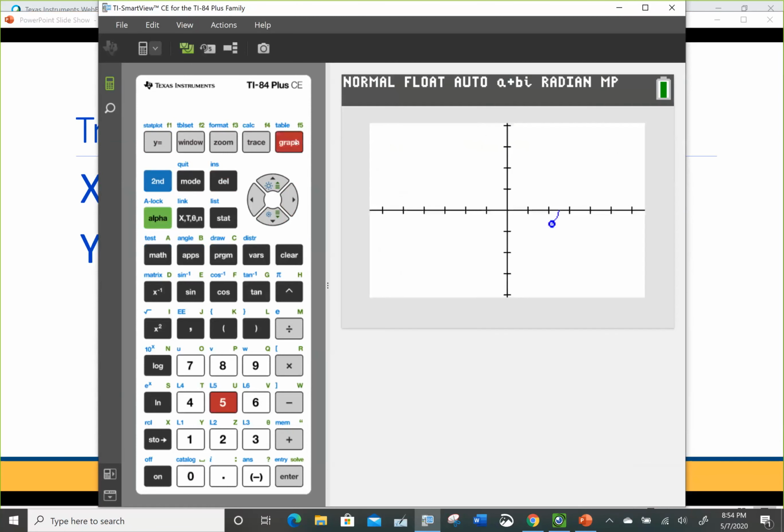What's the graph? Do you notice how many loops there are? Do you think that has anything to do with the equation?